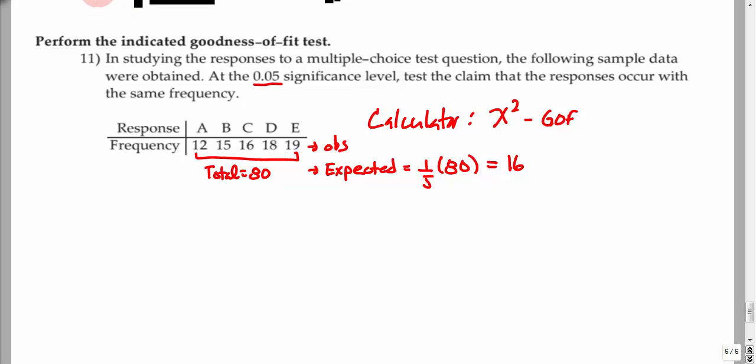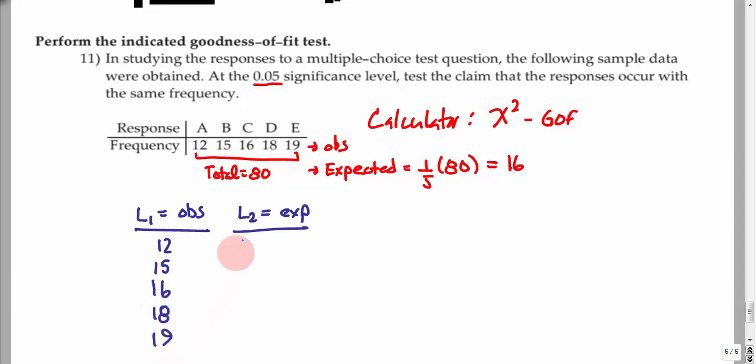So when I enter my data, I'm going to have L1 is my observed, and L2 is my expected. So for my L1, I'll have 12, 15, 16, 18, and 19. And all of these expected are 16. And so that's how I'm going to enter my data.